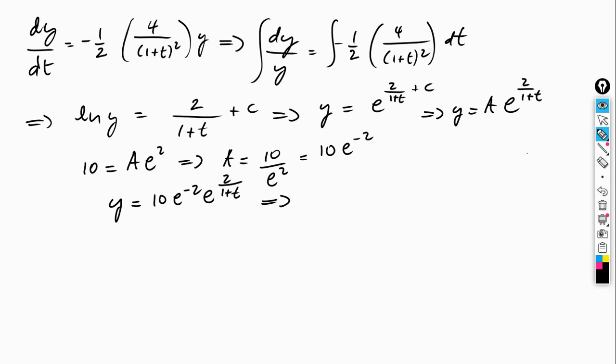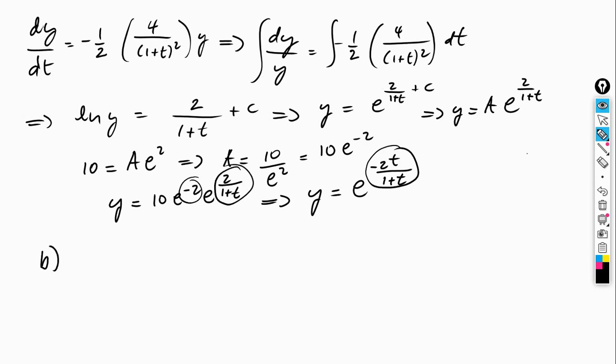And then from the properties of exponents, we will get that y is equal to 10 times e to the power of minus 2t over 1 plus t. So that would be the equation. Now, notice that this exponent is the result of adding minus 2 plus 2 over 1 plus t.